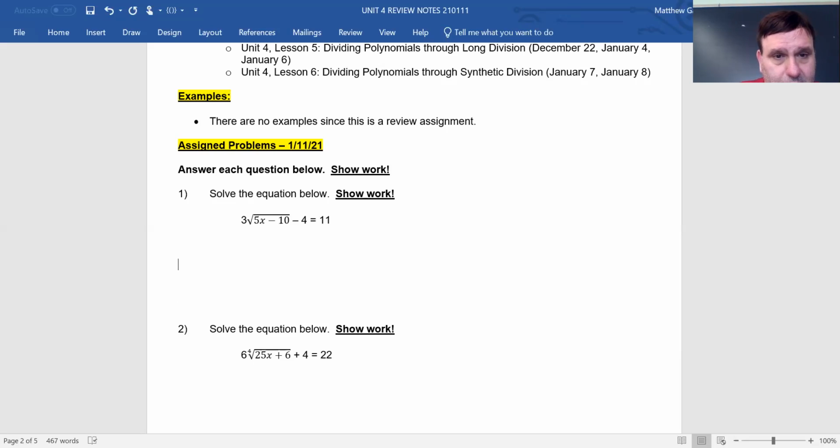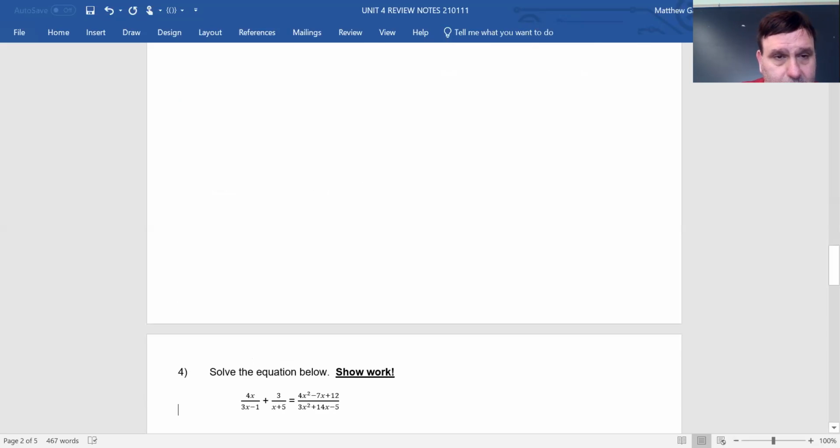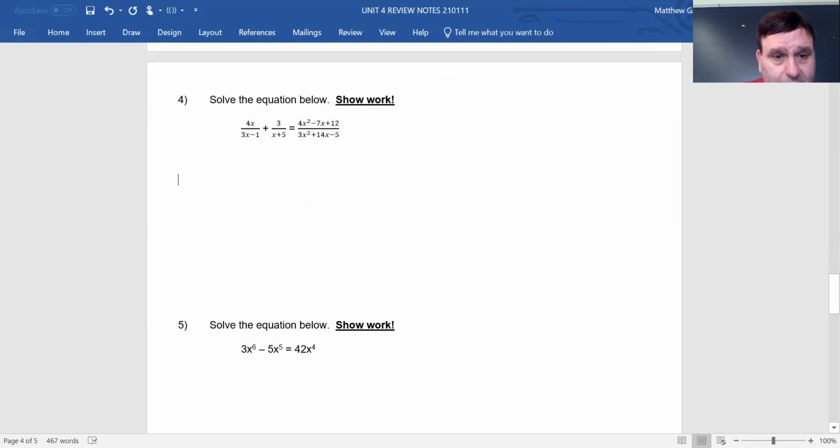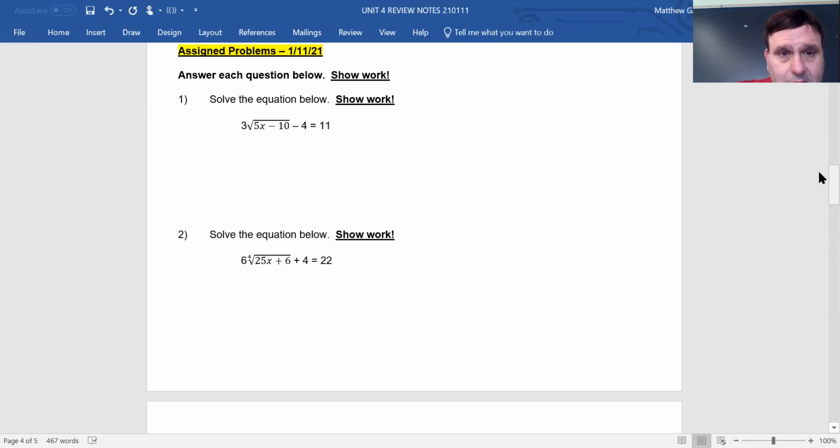You get a square root, a 4th root. Question 3 and question 4 are rational equations. And in question 5, it's a polynomial equation, which you have to set equal to 0. As I move forward, I'll go over question 1.